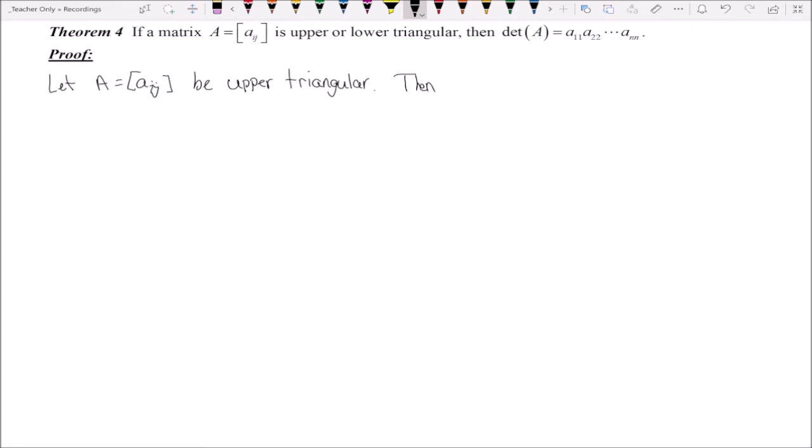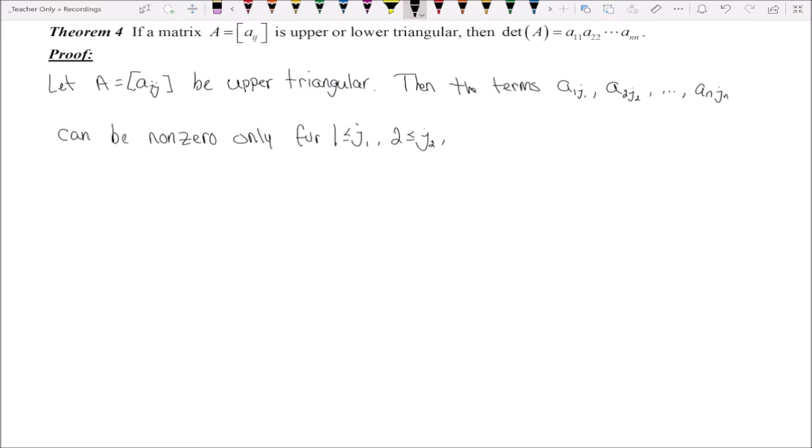Right, then the terms A1J1, A2J2, so on and so forth, ANJN can be non-zero only for 1 less than or equal to J1, 2 less than or equal to J2, so on and so forth, n less than or equal to J sub n.